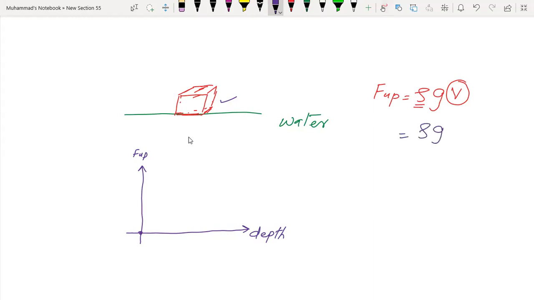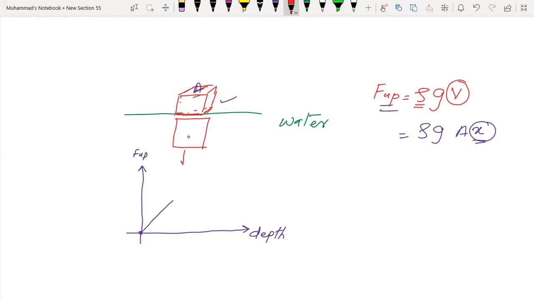Rho g, the cross-sectional area of this object, times the depth. Let's say this is x. So upthrust would be directly proportional to this. So upthrust will increase until the object becomes completely submerged in the liquid like this, then the upthrust will be maximum.